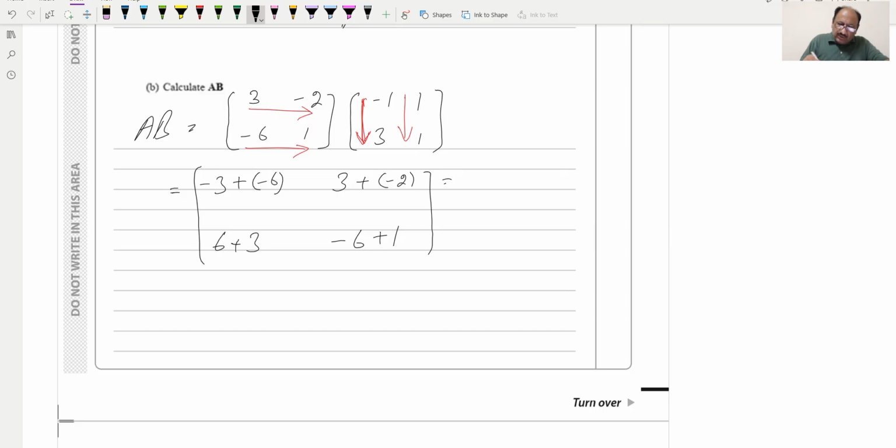We can rewrite it as minus 9 and 1, and this will be 9 and minus 5. Basically, this should be minus 1, our value, so when we write this it will be minus, and this one will be minus, so we will get this as 3, and this will be minus 7. So after rectification, this is our final answer: minus 9, 1, 3 and minus 7.